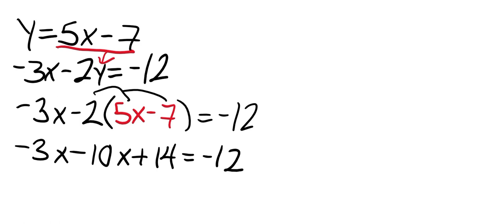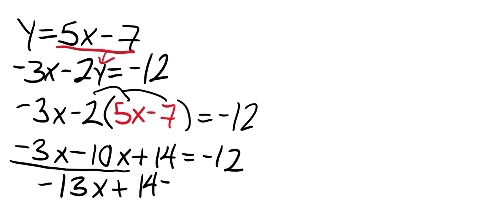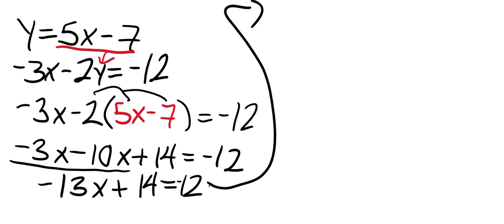Next, we combine like terms. Negative 3x and negative 10x go together to make negative 13x plus 14 equals negative 12. We're going to continue up here on the top right. Negative 13x plus 14 equals negative 12.